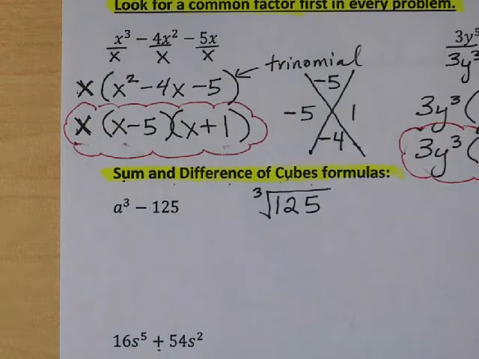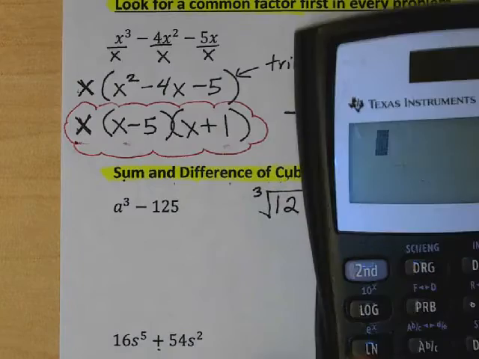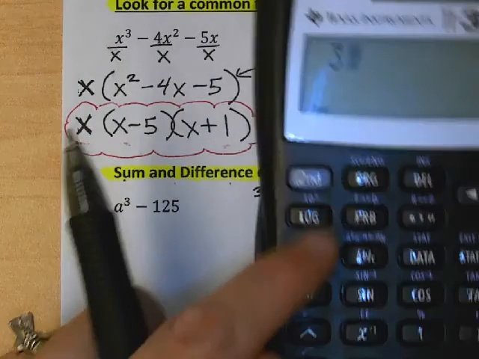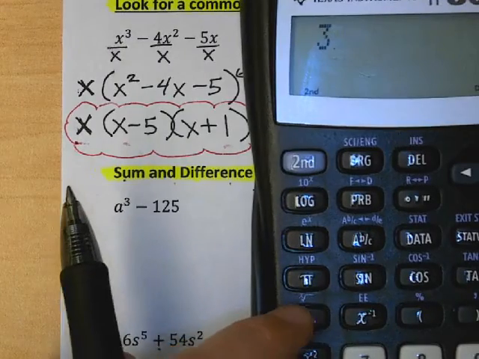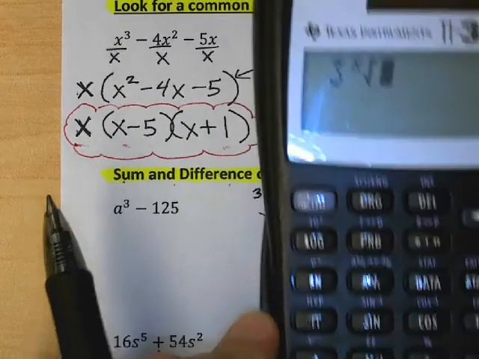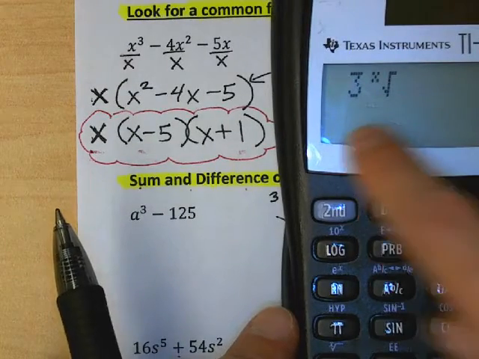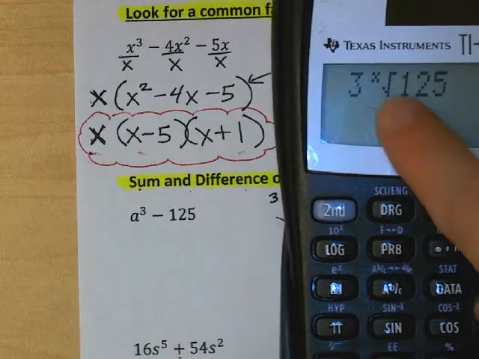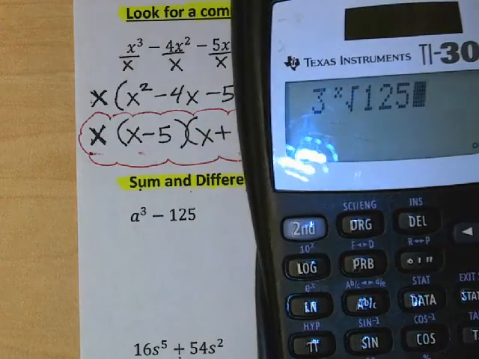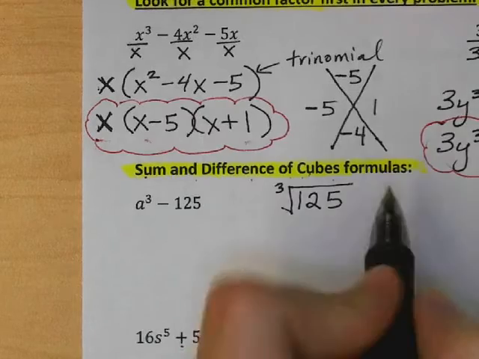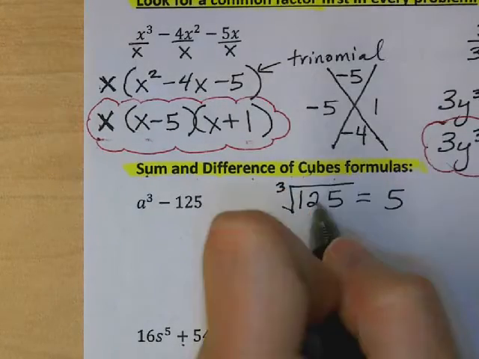It's like a square root, but you have to find that key on your calculator. You hit 3, and you hit the second key above the square root key, the one that looks like the cube root with a little x by the square root, and then 125. What's the cube root of 125? It's 5.